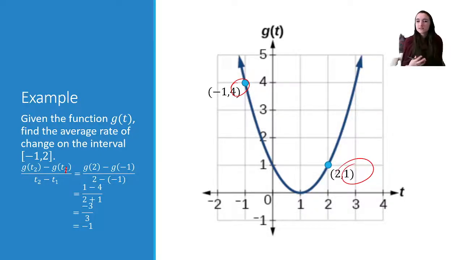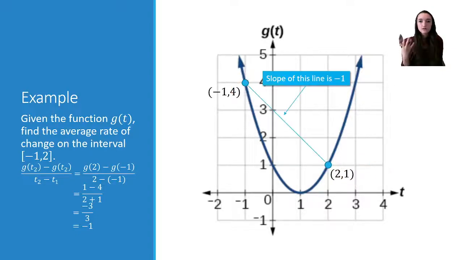But what does that -1 really mean? So that -1 is the slope of the line between these 2 points, because that's what we're calculating is a slope. Even though this graph is not a line itself, the average rate of change allows us to find the average slope between these 2 points. But how do I know it's the average slope? Well, if I look at what's happening between these.